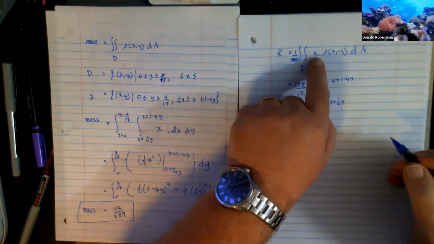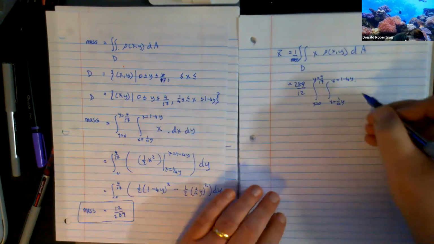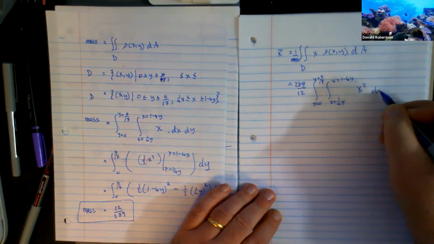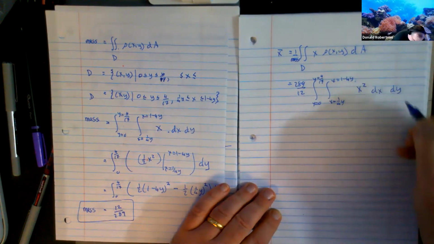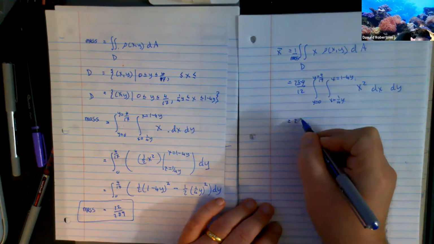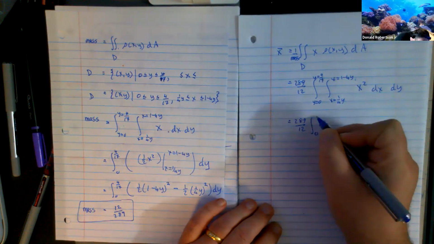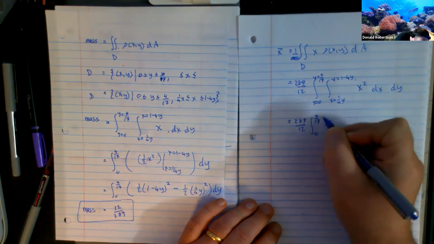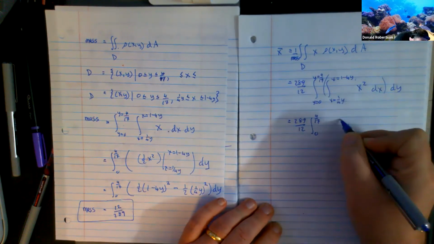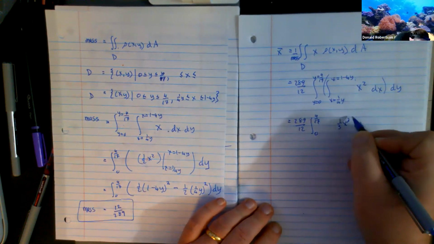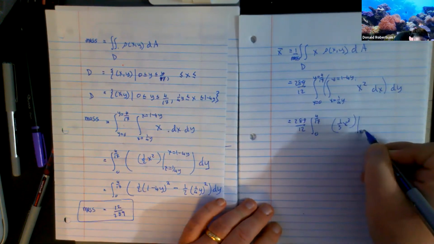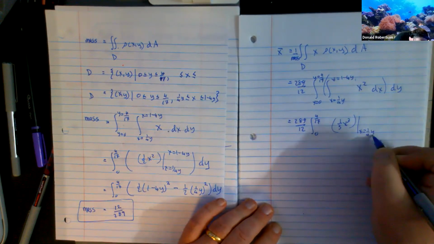And won't this be x times another x? So this is going to be x squared dx dy. And this is going to be 1/3 x cubed, evaluated at these endpoints.